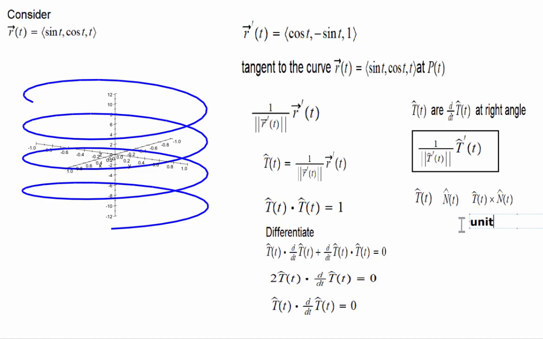So here we have a set of 3 unit vectors at the point p t. Let's take a quick graphical illustration of how they look. For the graph, we shall give a particular value to t and look at the point and a sketch of these 3 vectors at that point.